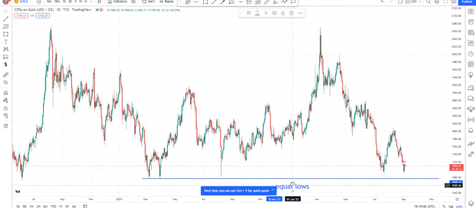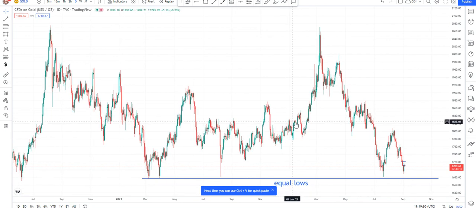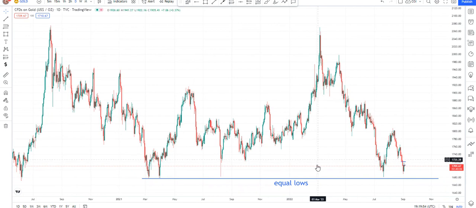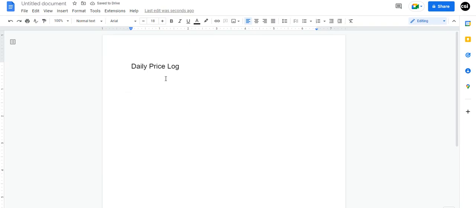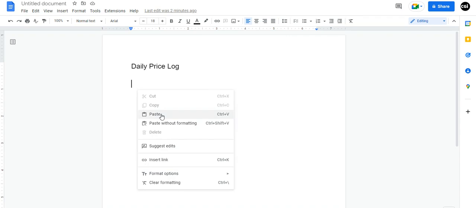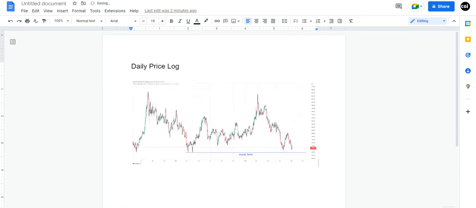This is where you are looking to have price come down into. You can take a screenshot of this, copy the chart image, put it inside your daily price log, and now write your opinion about it.